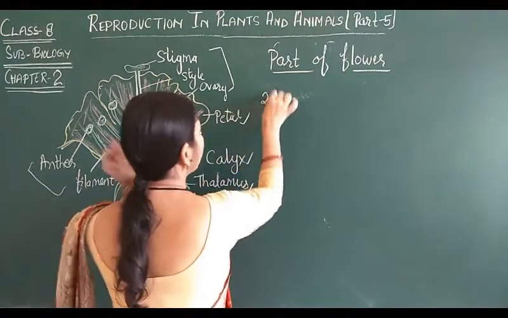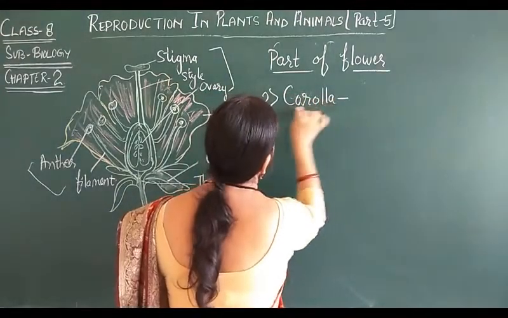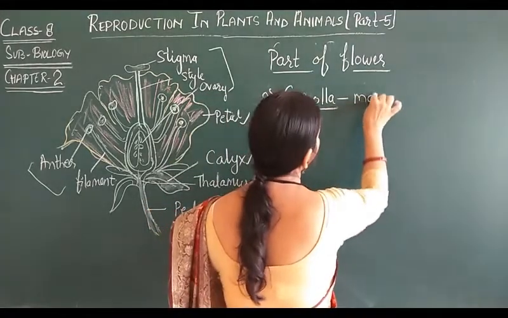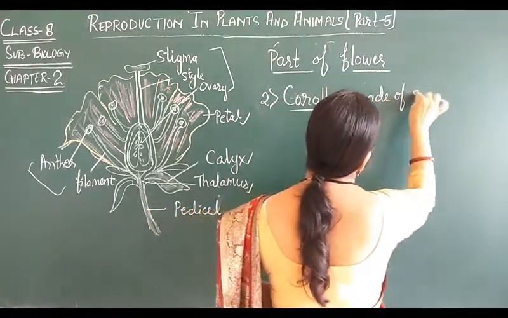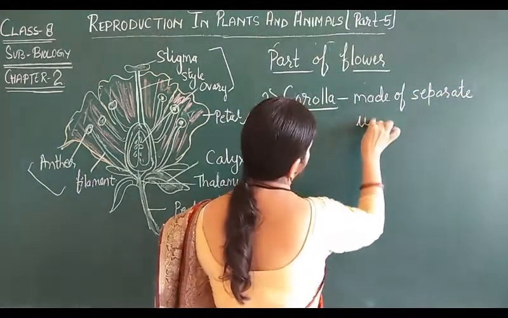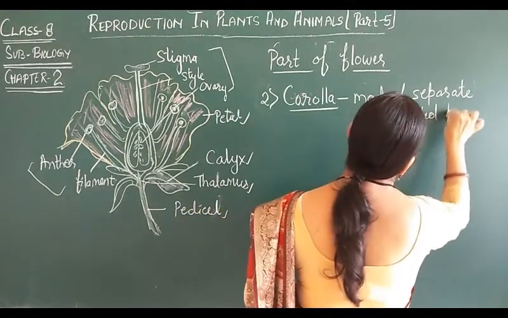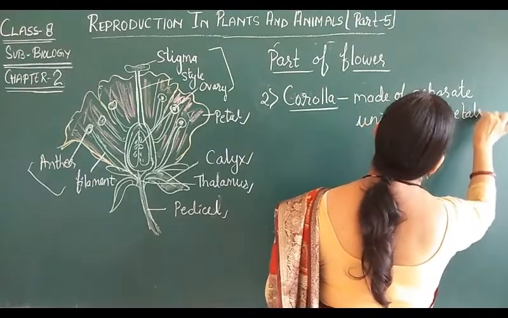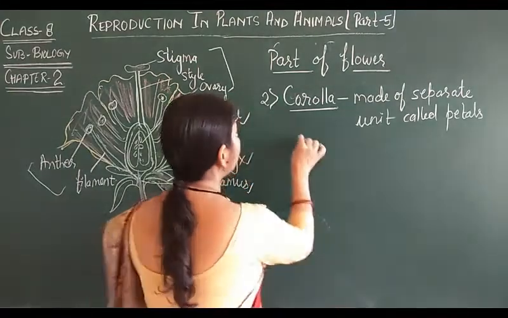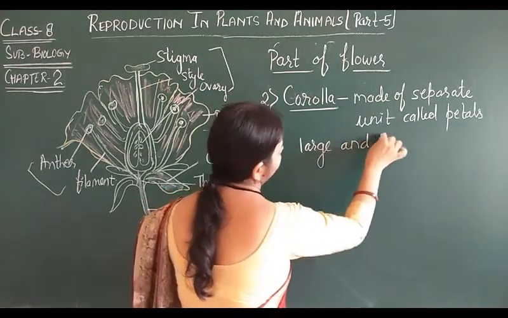Now the second part of the flower is the corolla. This corolla is made up of separate units called petals, जिन्हें आप पंखुड़ी भी कहते हैं हिंदी में. These petals are large and showy. जो petals होते हैं, these are large and showy.